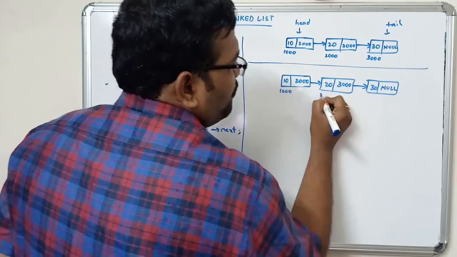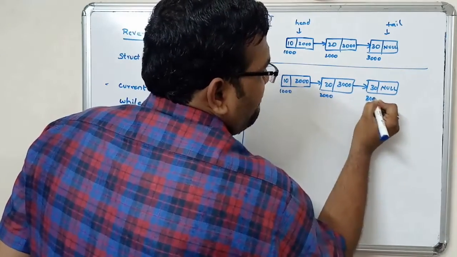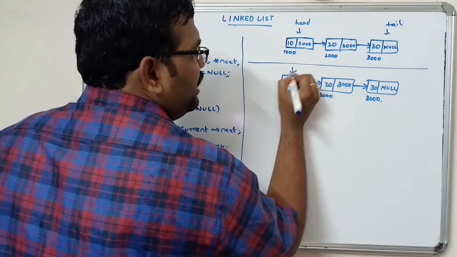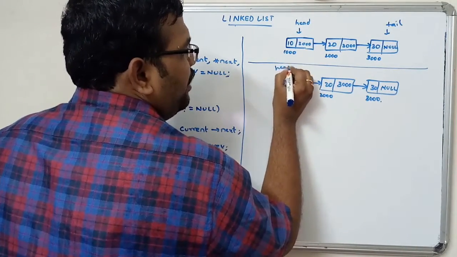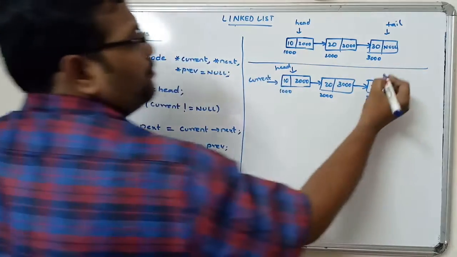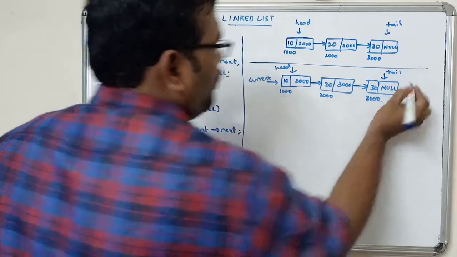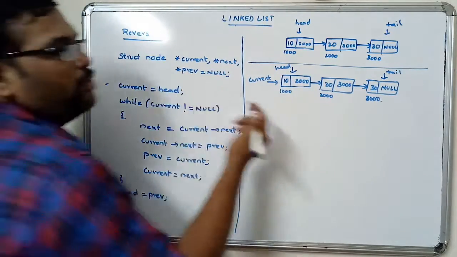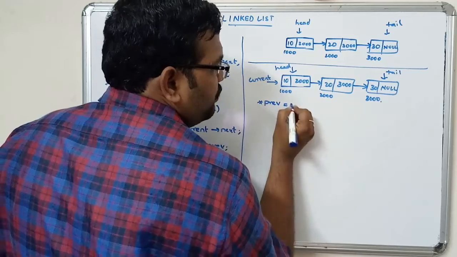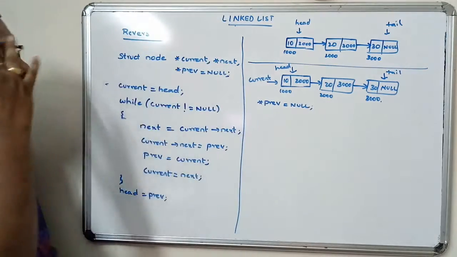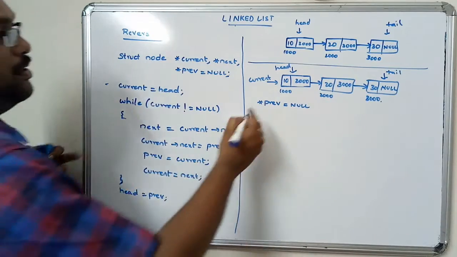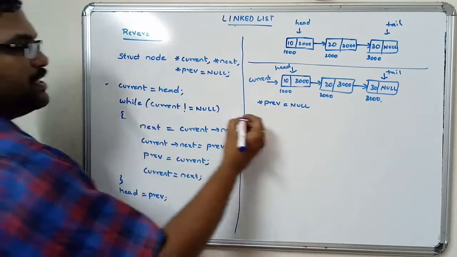See. Right. Now current is equal to head. So here itself it is a head and also this is the current. Right. And also previous is equal to null. So star previous is equal to null. Right. So this is the initialization. First iteration.